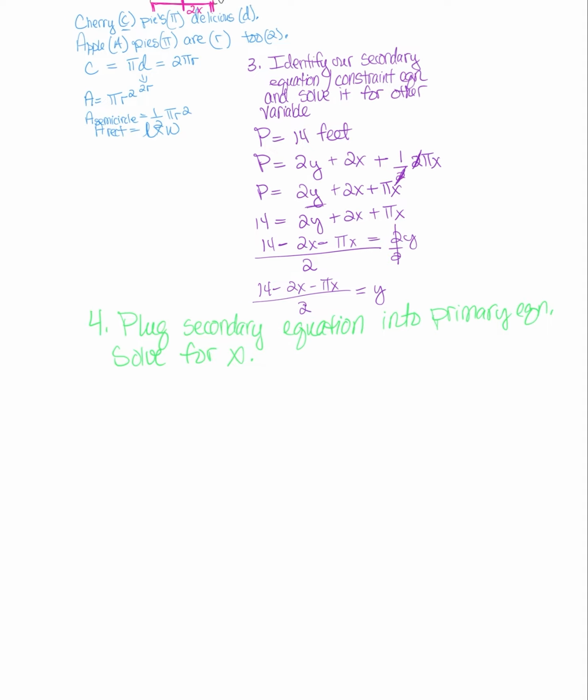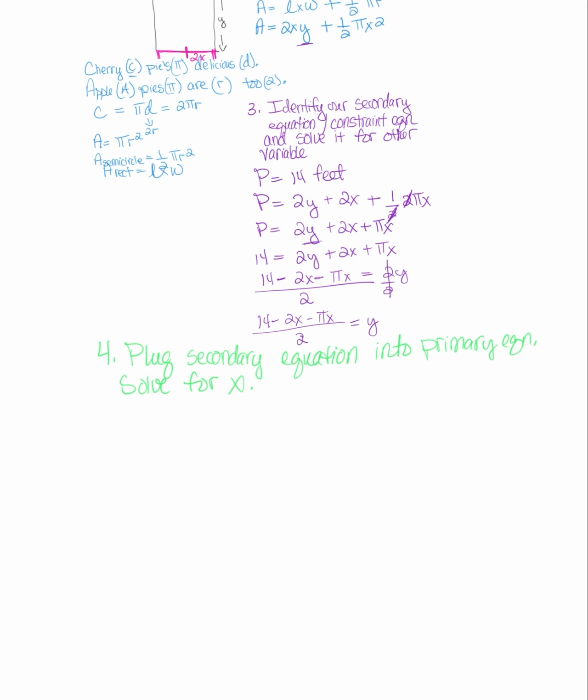All right. So our primary equation was A equals 2x times y. Well, we know y is 14 minus 2x minus pi x divided by 2, plus 1/2 pi x squared.